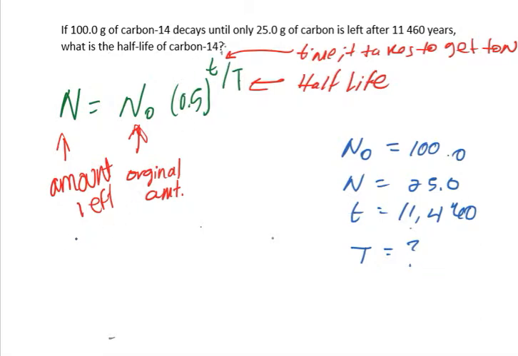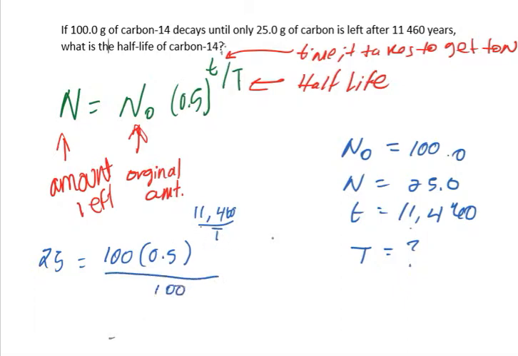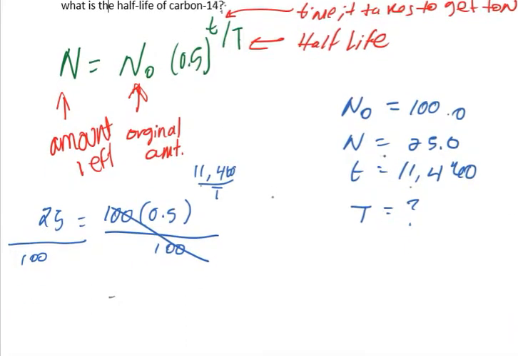Well, let's set up my equation here. I have 25 is equal to 100 times 0.5 raised to the 11,460 divided by capital T. Now, I'm going to divide both sides by 100. If you watch my other video, you'll know why I'm doing this, just to simplify this side so I can get the logarithm of both sides.